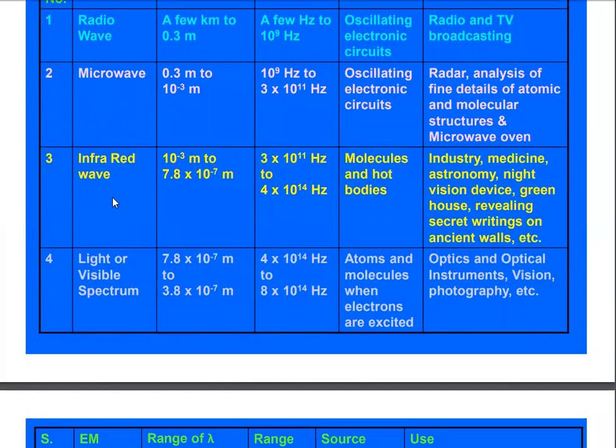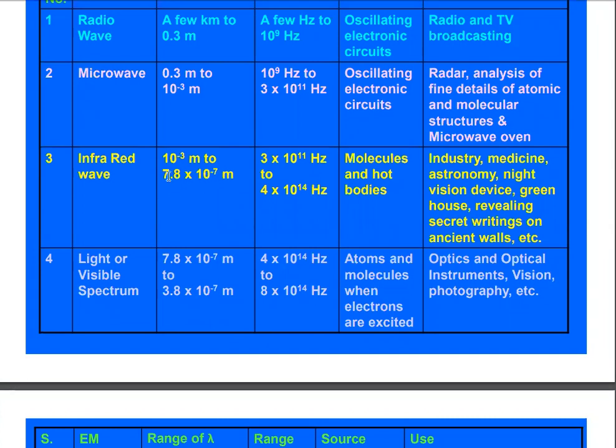Next one is infrared. This is the third component of the electromagnetic spectrum, and it will have a wavelength range higher than that of the visible light but smaller than that of the microwave and radio waves.